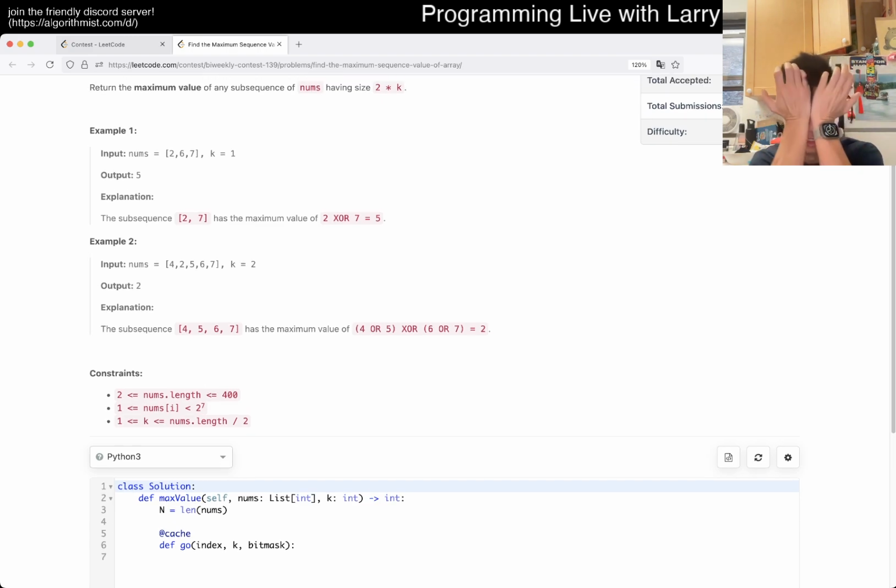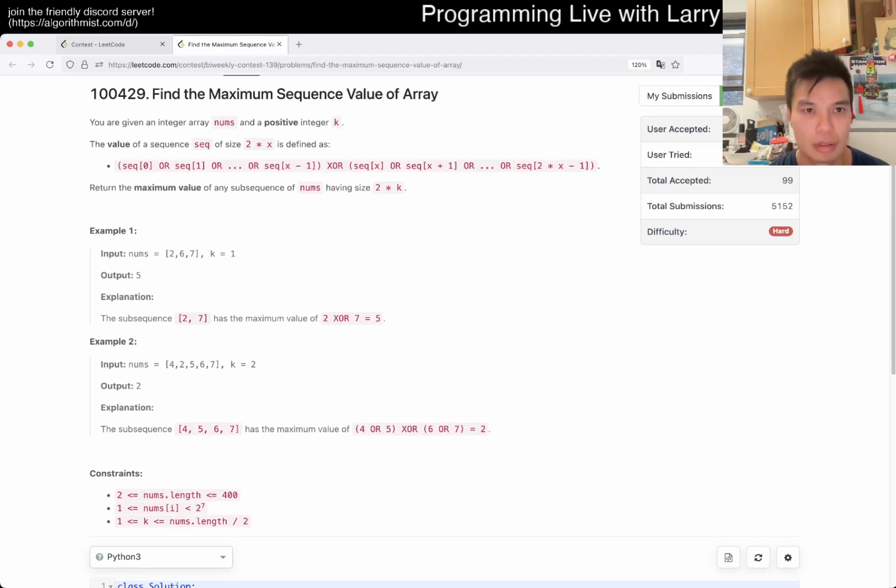I'm getting tilted on 10 minutes. I knew that one, but then I just kind of got sloppy on the tiebreakers. Focus, reset. Okay.